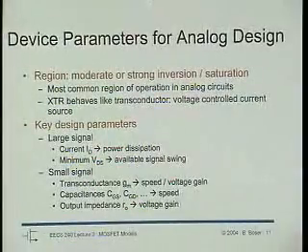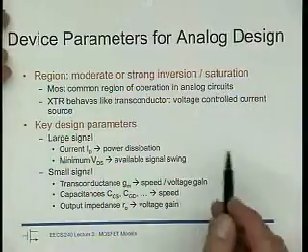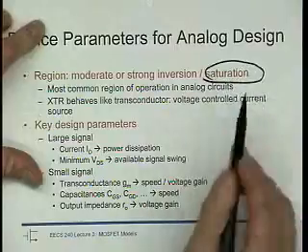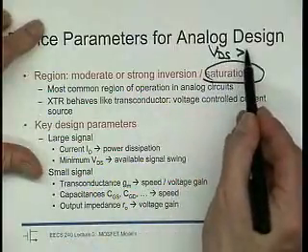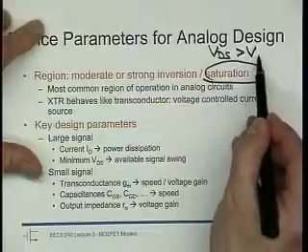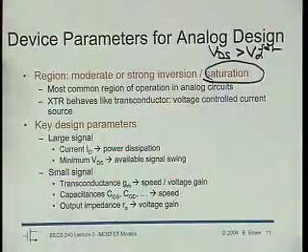Okay, so first of all, most of the time it turns out we're going to use our devices in saturation. In other words, VDS is much larger than what's usually called VDSat, VGS minus VTH, right?